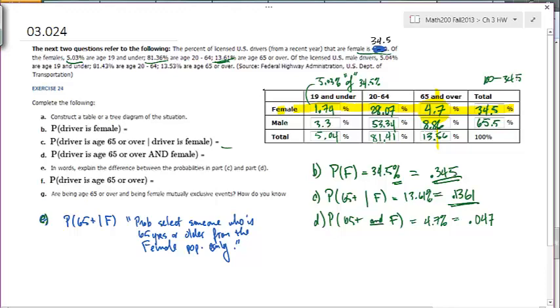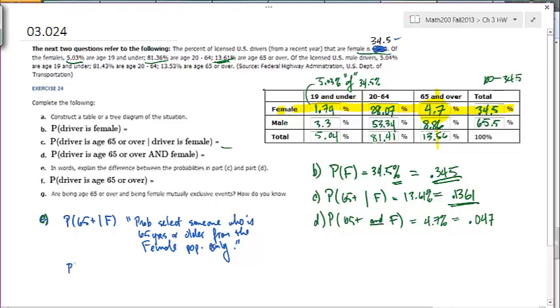So we're just restricting our domain, or restricting our population to just the female population, and then out of all those, the probability that we select somebody who's 65 or older.